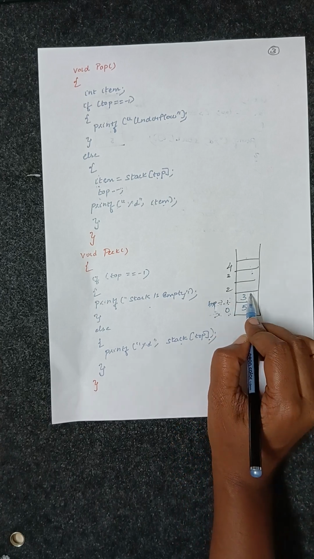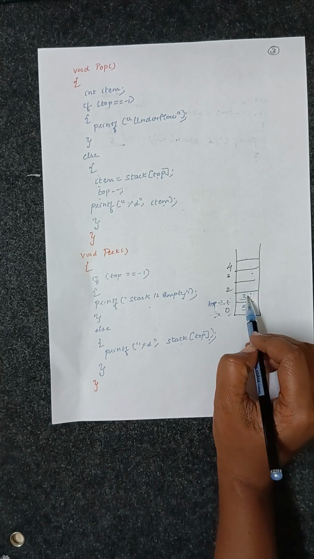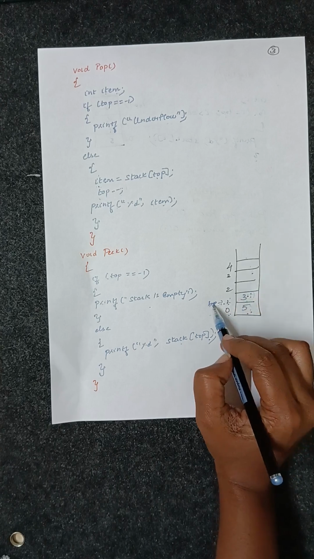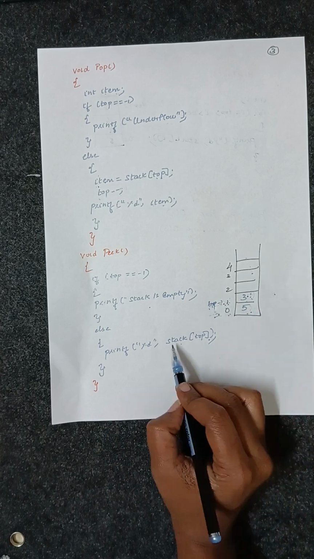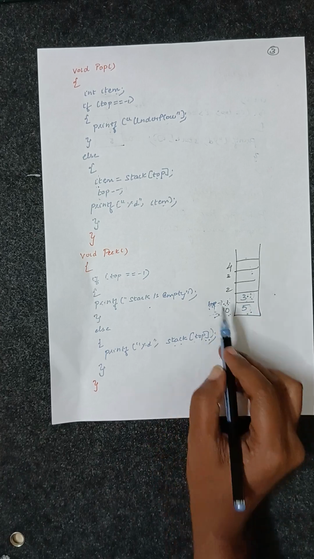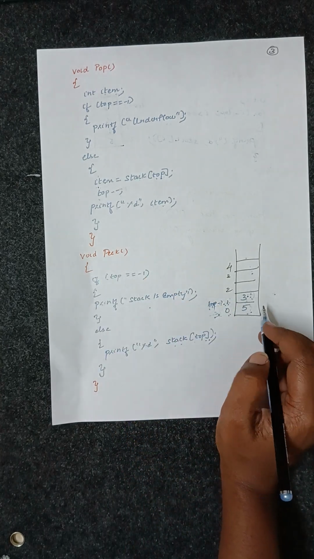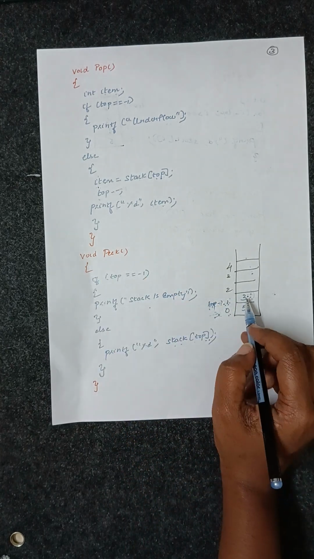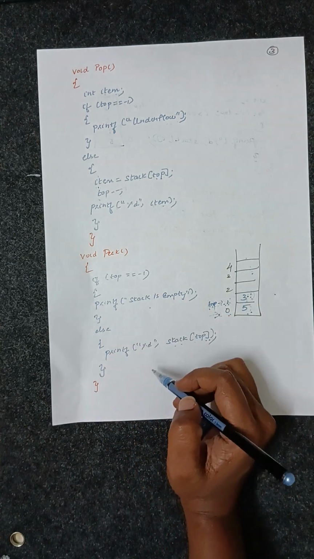That is your peek function, because it will tell you the topmost element in the stack. So just print stack of top. Stack of 1 is 3. So the peek operation just tells you the element currently at the top position. This is all about the peek function.